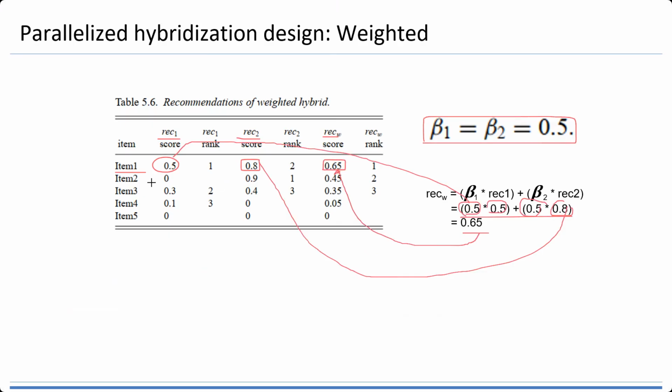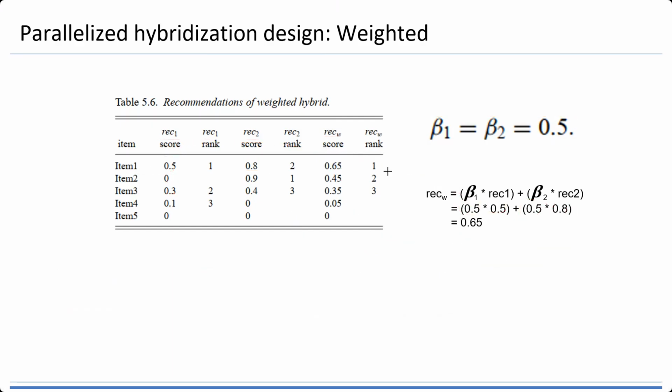And then we can also do the same with the other scores. After we have all the scores, we can do the rank. If you look at this rank, at first, item 1 is rank number 1 for recommender 1.